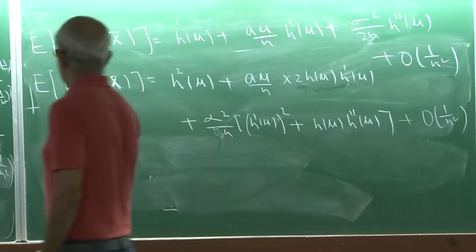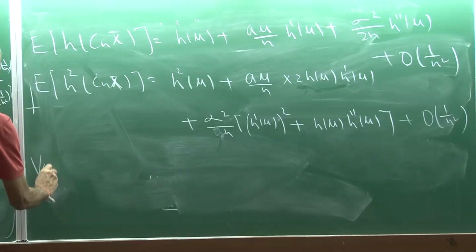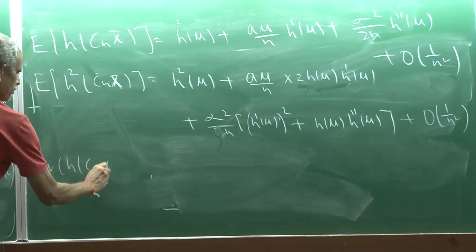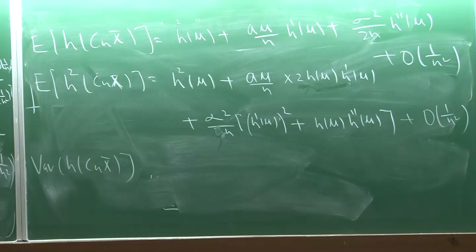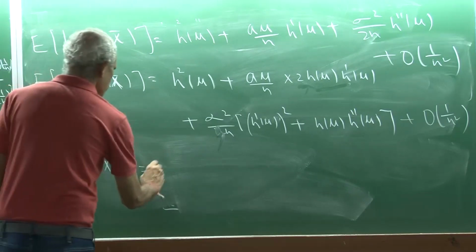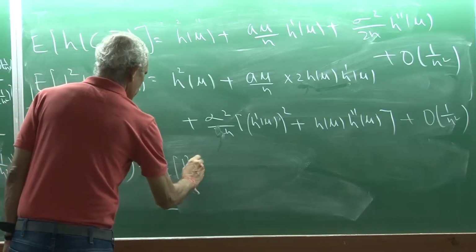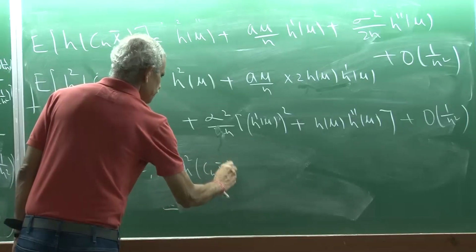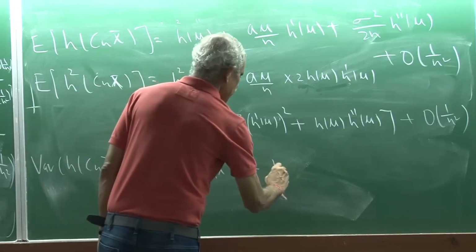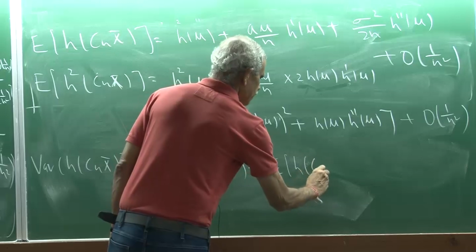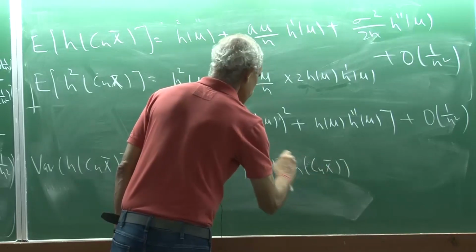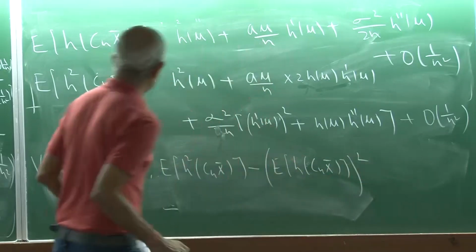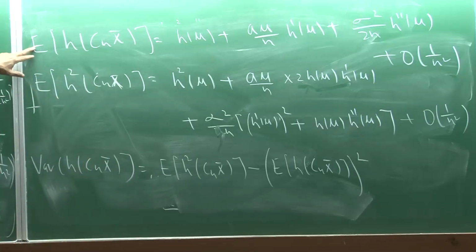So now you can get variance of h of Cn x bar, which is expected value of h square of Cn x bar minus expected value of h of Cn x bar whole square. This you have already found. You have to find out the square of this.